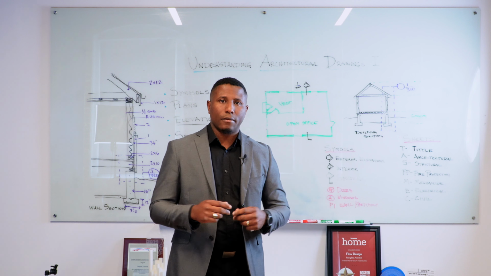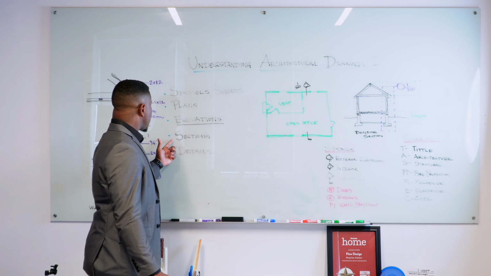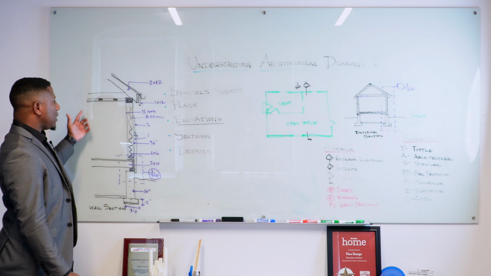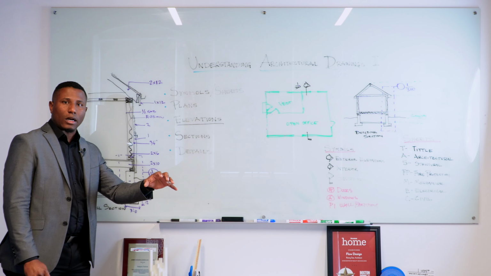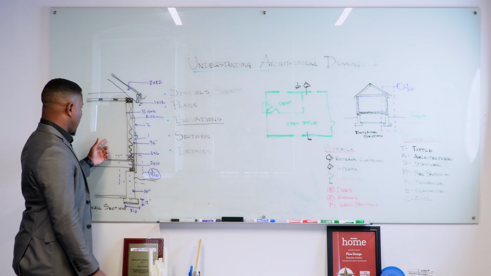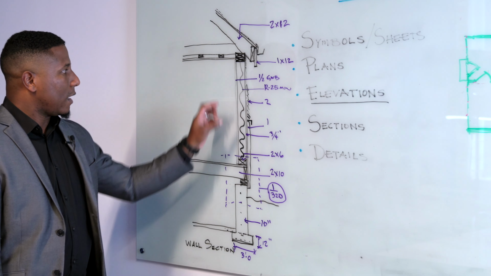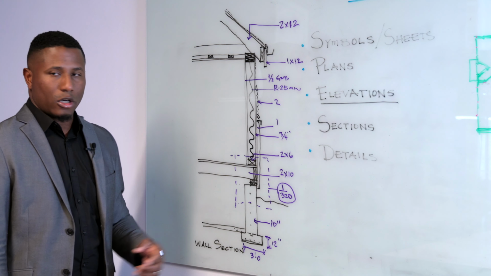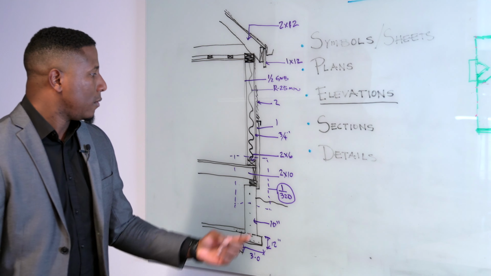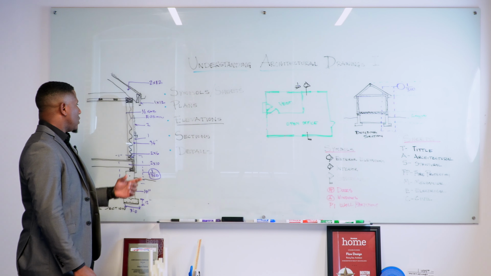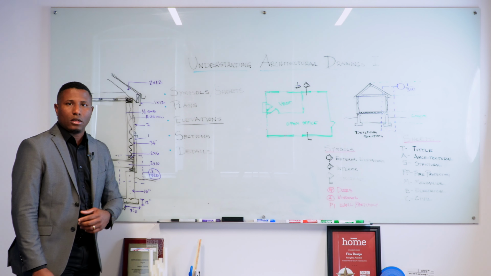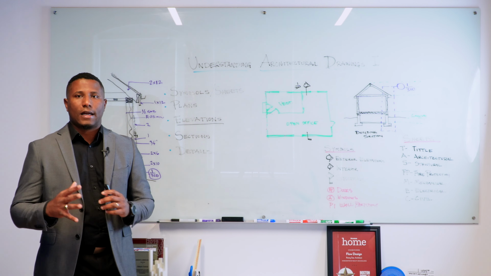In sections, you can go deeper within the architectural plans and understand the floor assembly, if it is a 2x10, what kind of wall assembly you're trying to build with this building, potentially 2x6, the kind of exterior sheathing you're putting on the building.